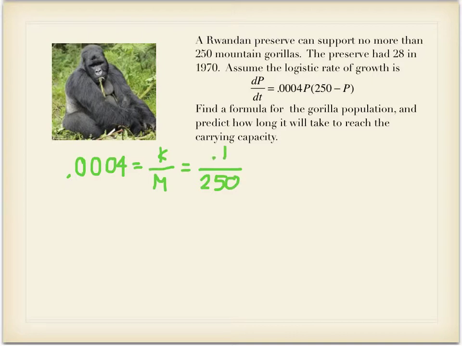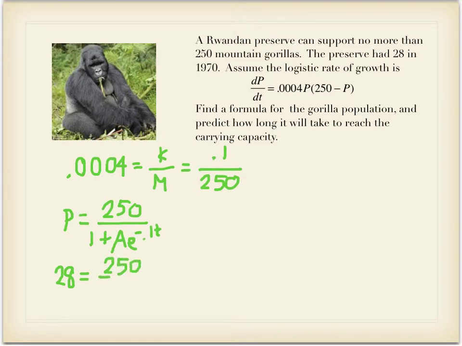Alright, so that means I can now try to figure out my population equation. It is going to be 250, that's the big M, over 1 plus A times e to the negative 0.1 t. My first job here is to solve that for A. Essentially, we can put a 0 in for t, because even though it is 1970, it is our initial population, the P sub 0 basically.